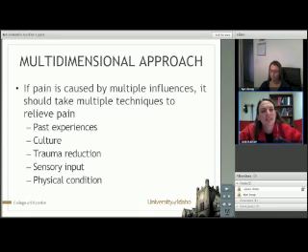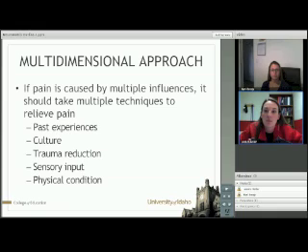Since there are lots of different influences that make up the pain that we feel, it's reasonable that it would require multiple approaches to address the pain. Things like past experience, culture, trauma, sensory input, and physical condition all work together, plus some other things that we've already talked about: neurochemical things, distraction, and whether you're depressed or anxious.